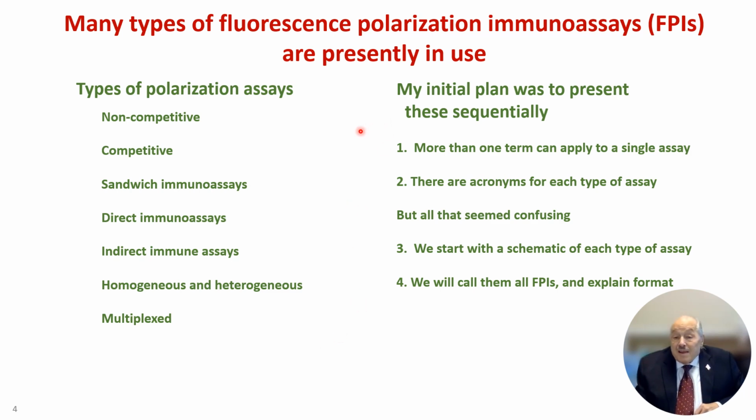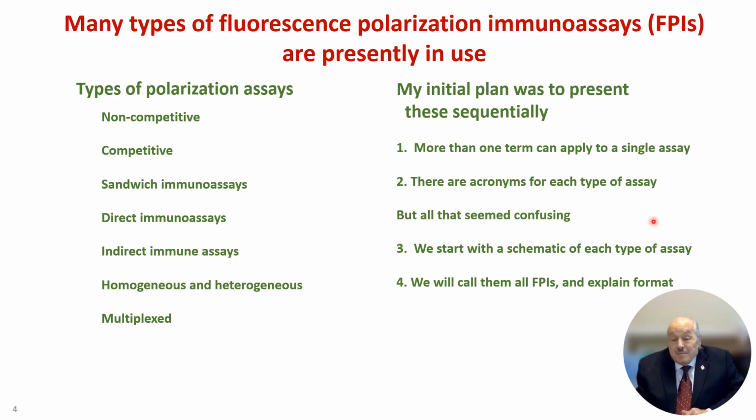My initial plan, I was trying to describe these sequentially, but it just didn't turn out to be practical. At least I couldn't see that as practical for a number of reasons. One term can apply to, or multiple terms can apply to, a single assay. There are different acronyms for every one of these assays.